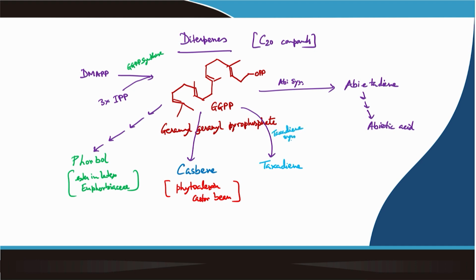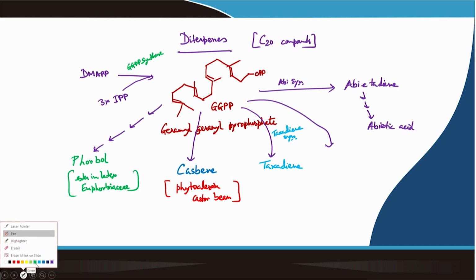GGPP also contributes to the formation of geranyl geraniol, which is a common volatile metabolite found in different flowers. Okay. So, this is in brief about the different diterpene compounds.